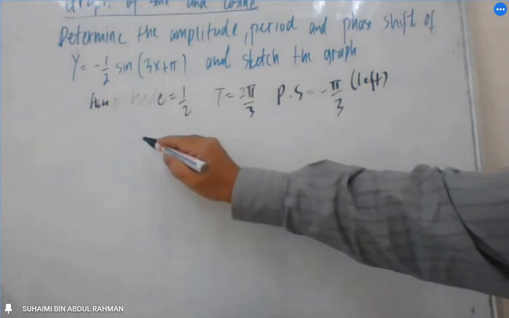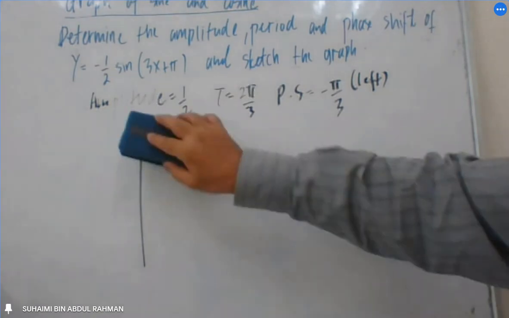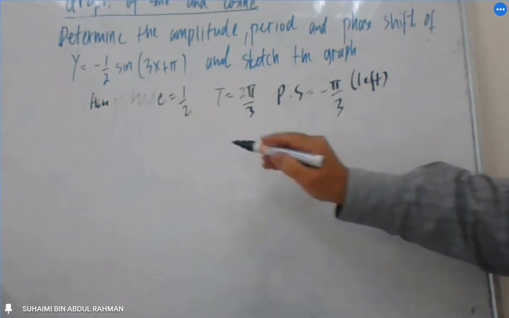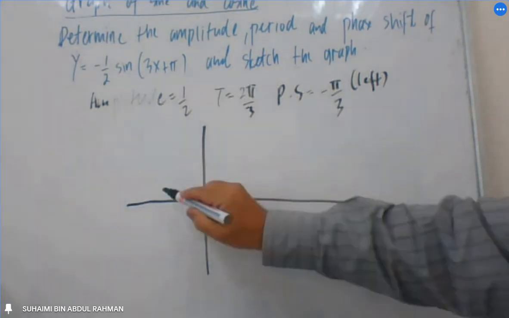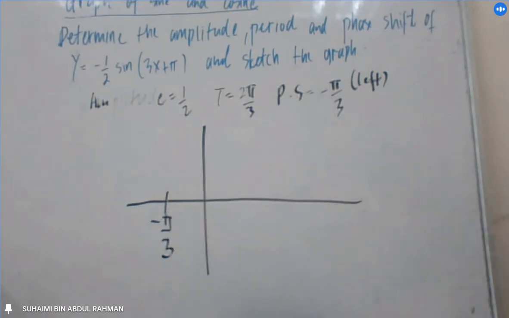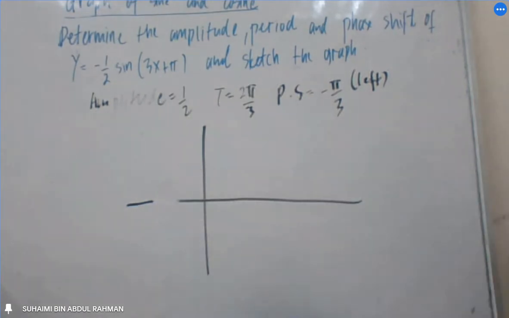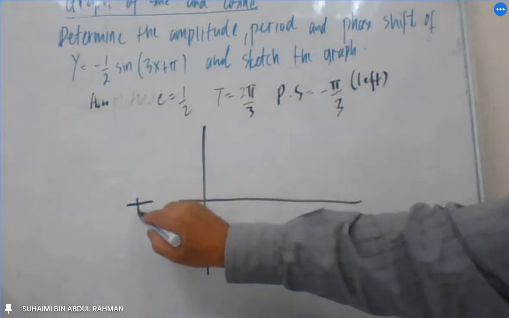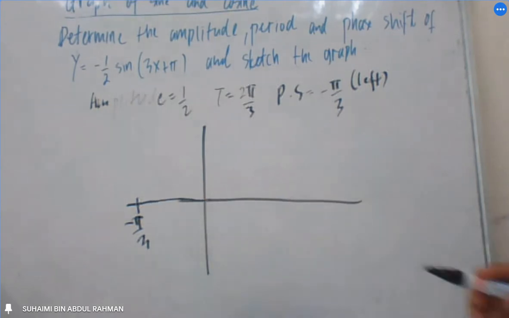And now sketch the graph. We start at minus pi over 3. We stop at where?